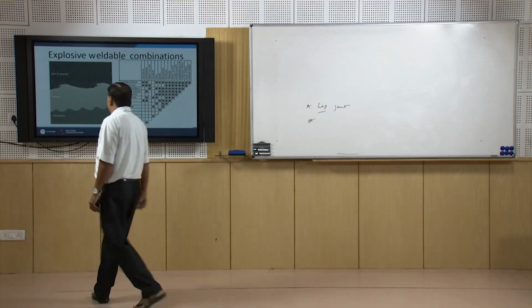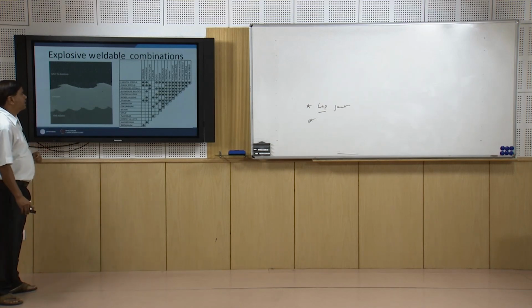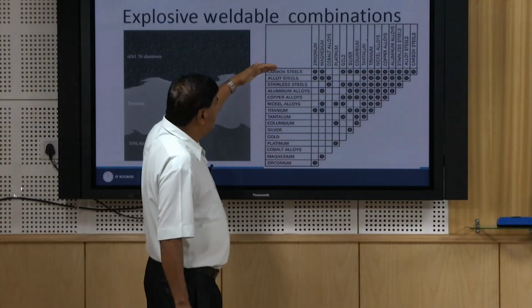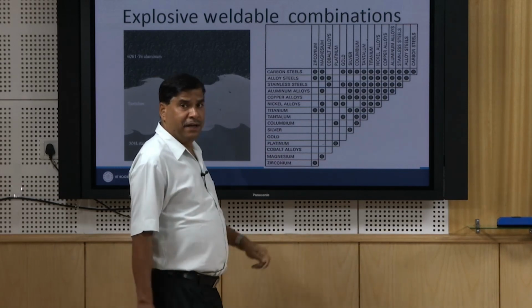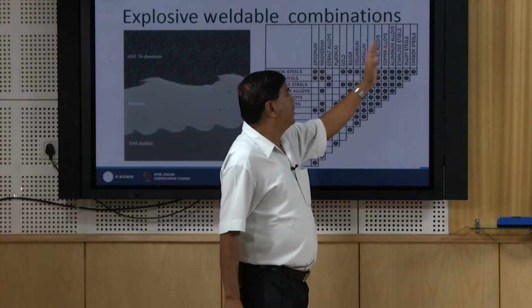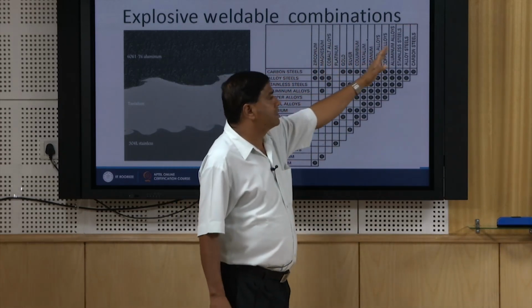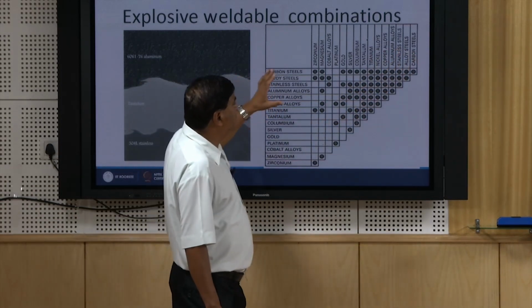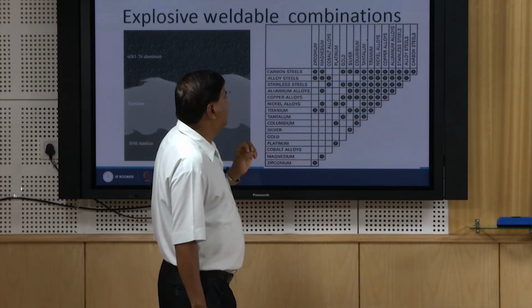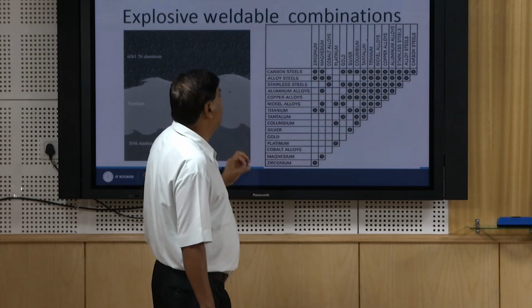This diagram shows the combination of the metal systems which can be joined using the explosive welding process, and we can see there are certain metal systems mentioned vertically and certain metal systems mentioned horizontally, and wherever the dots are present, that shows the combinations which can be welded using the explosive welding process.